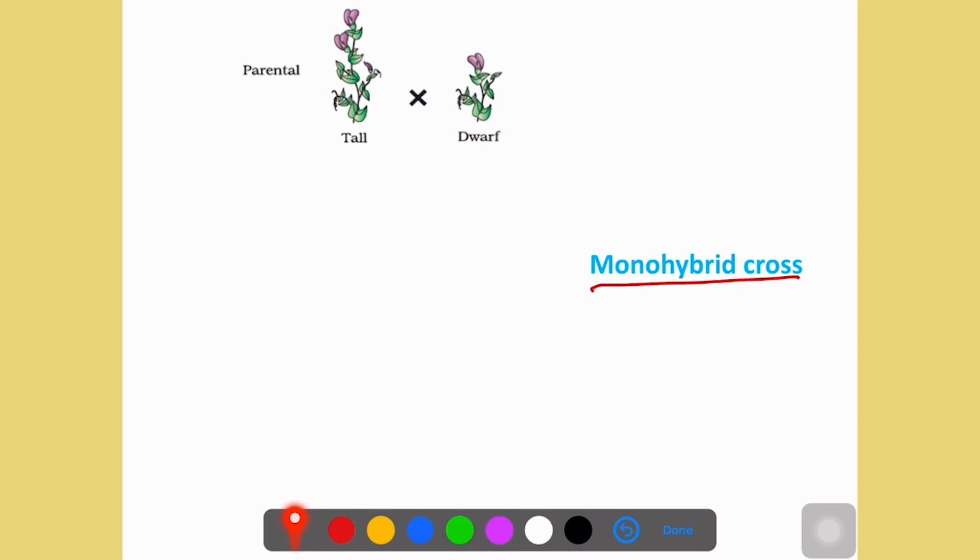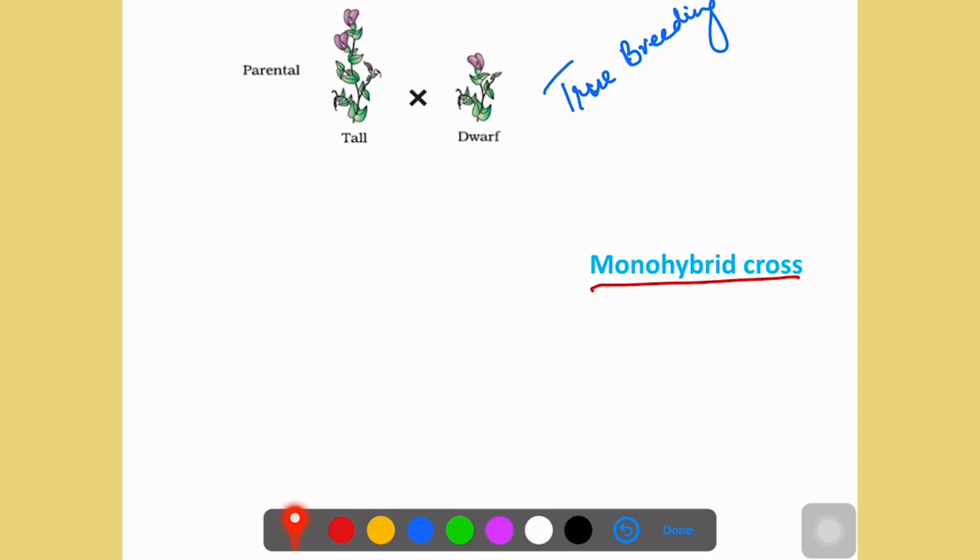One important thing over here: he made sure that these two plants were true breeding. So he made sure that these two parental plants were true breeding. So what does true breeding mean?